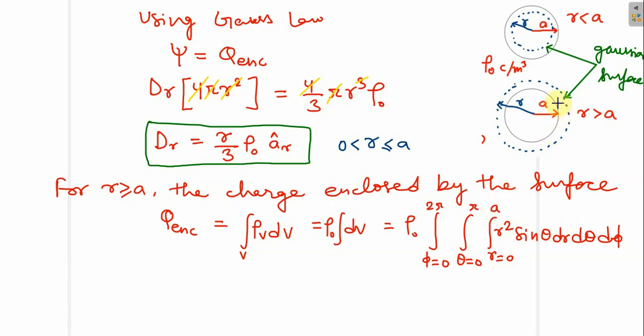Why? Because now the radius is a, because this uniformly charged sphere is covered as a whole.